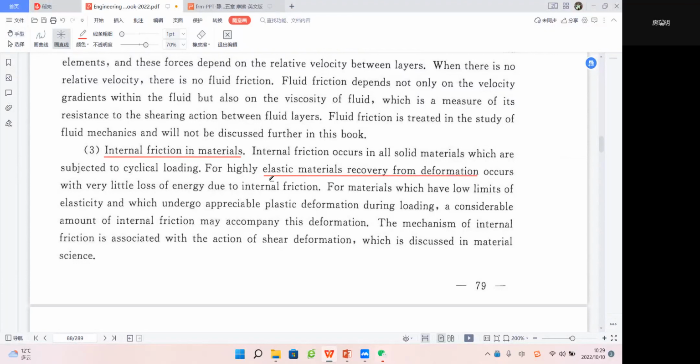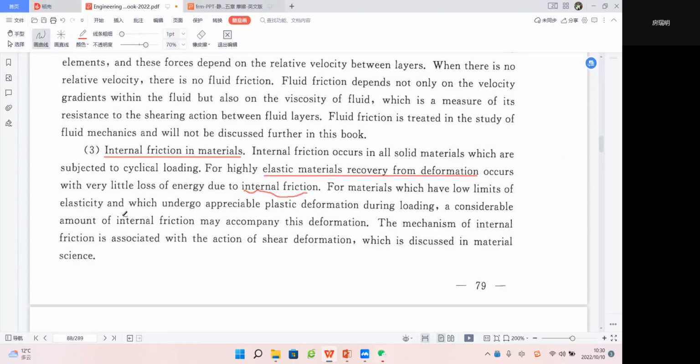So for highly elastic material, recovery from deformation occurs with very little loss of energy due to internal friction. So that is the internal friction. For materials which have low limits of elasticity and which undergo appreciable plastic deformation during loading, a considerable amount of internal friction may accompany this deformation.